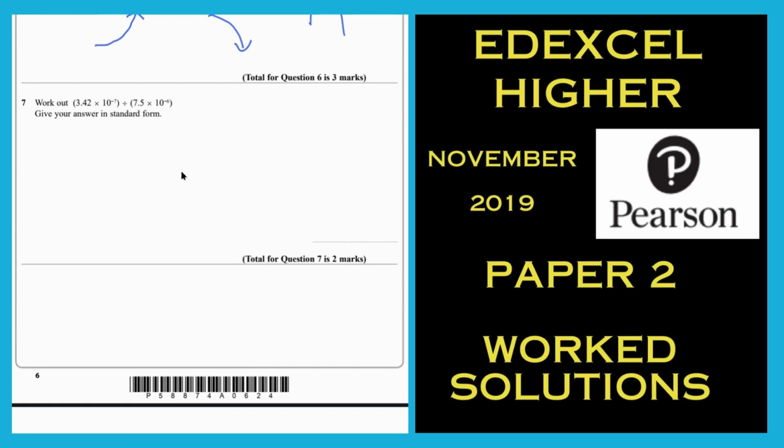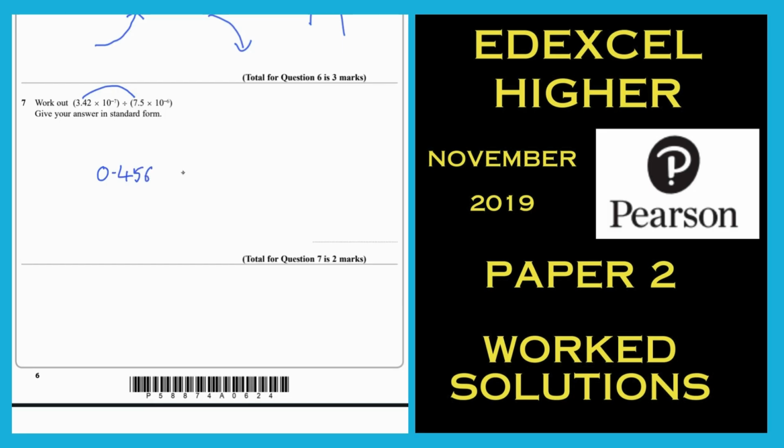Number 7, if you stick the whole thing in your calculator, depending on the make and model, it might just get you there. But this is worth just doing a half sort of revision of laws of indices and standard form and so on. Do the numbers first. That's the bit where I definitely pick up my calculator. Do 3.42 divided by 7.5.